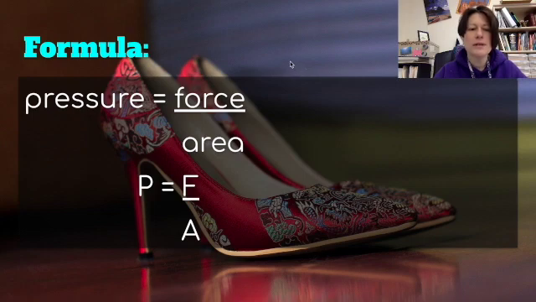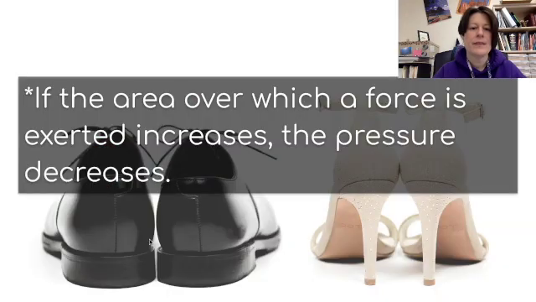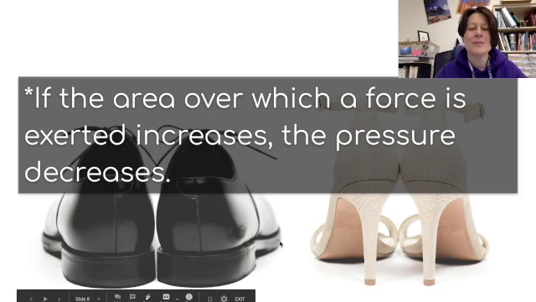So, a formula that we need to know is for pressure, and that is pressure is force over area, or P equals F over A. And one application of this is that if the area over which a force is exerted increases, the pressure decreases. So I have a picture here of some flat shoes versus some heels.